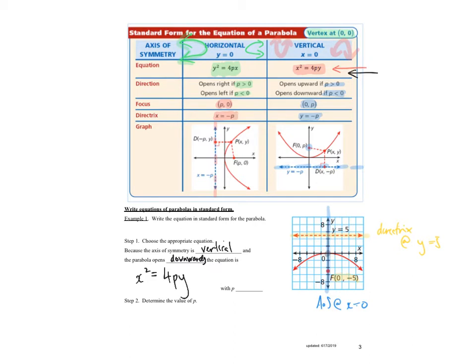But because we're opening downwards, we're expecting p to be negative. So that's our baseline here.